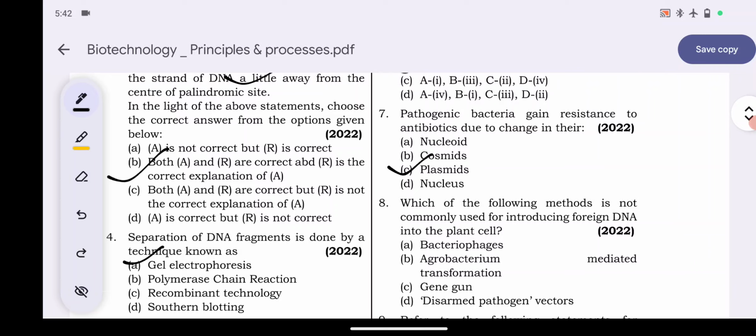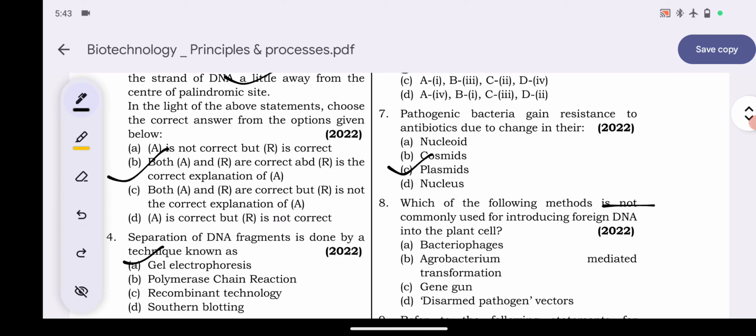Question number 8. Which of the following methods is not commonly used for introducing foreign DNA into the plant cell? Not commonly used, okay? Option A bacteriophages, agrobacterium-mediated transformation, gene gun, and option D, disarmed pathogen vectors.